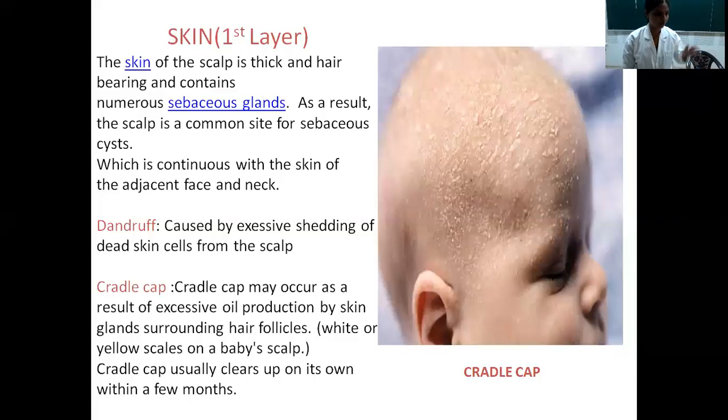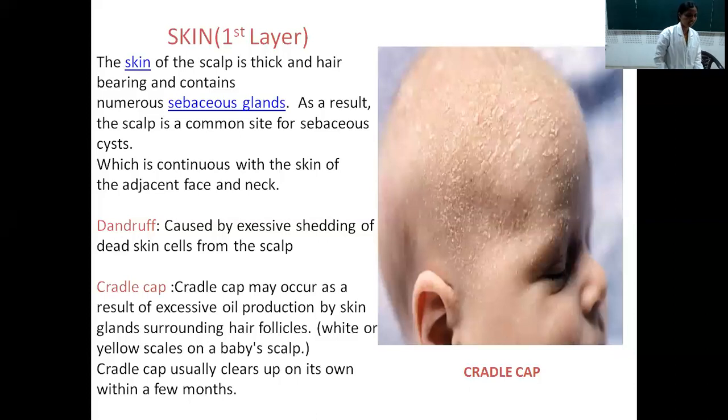It has a larger number of hairs. The glands are associated with the hairs, meaning the sebaceous glands, but along with the sebaceous glands another important, modified gland is also present: the apocrine type of sweat glands. Because of these two glands, the hair on the scalp is well maintained.